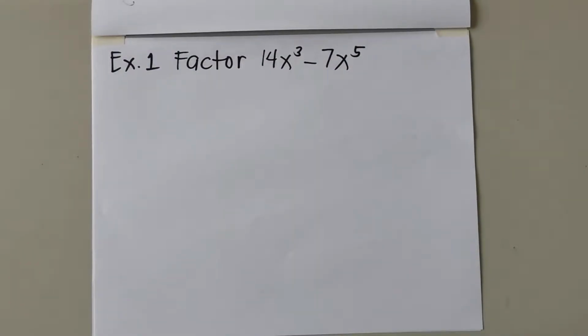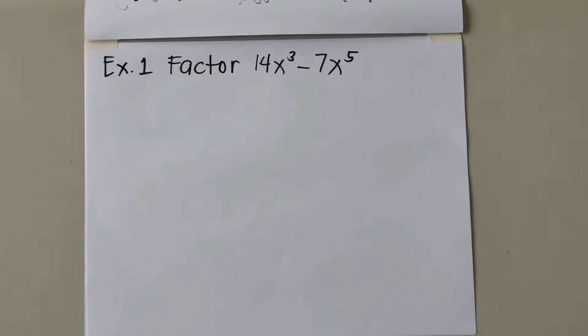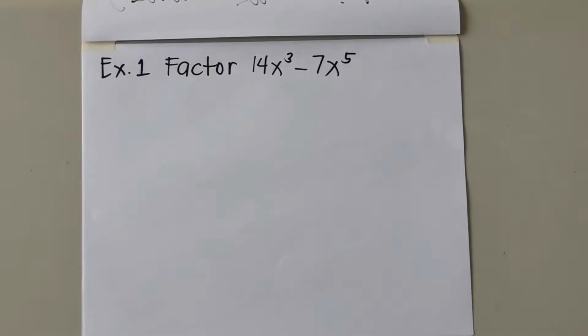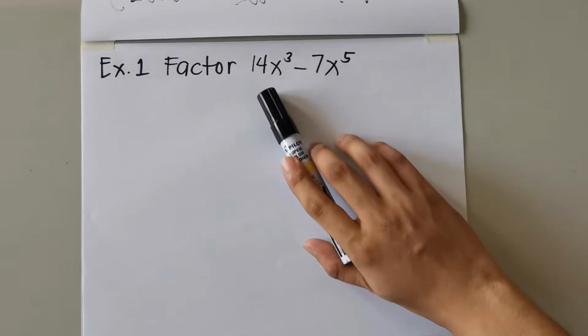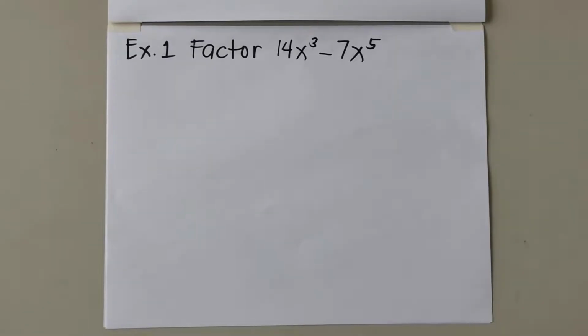Factor 14x cubed minus 7x raised to 5. Step number 1. Consider first the numerical coefficients. Find their GCF. In this particular example, the numerical coefficients are 14 and negative 7. What you're going to do is to list all their possible factors.